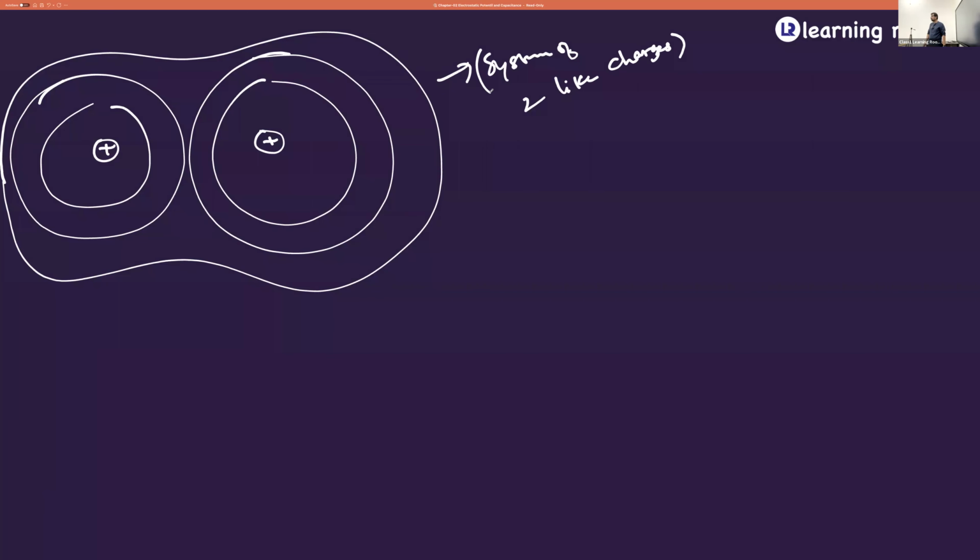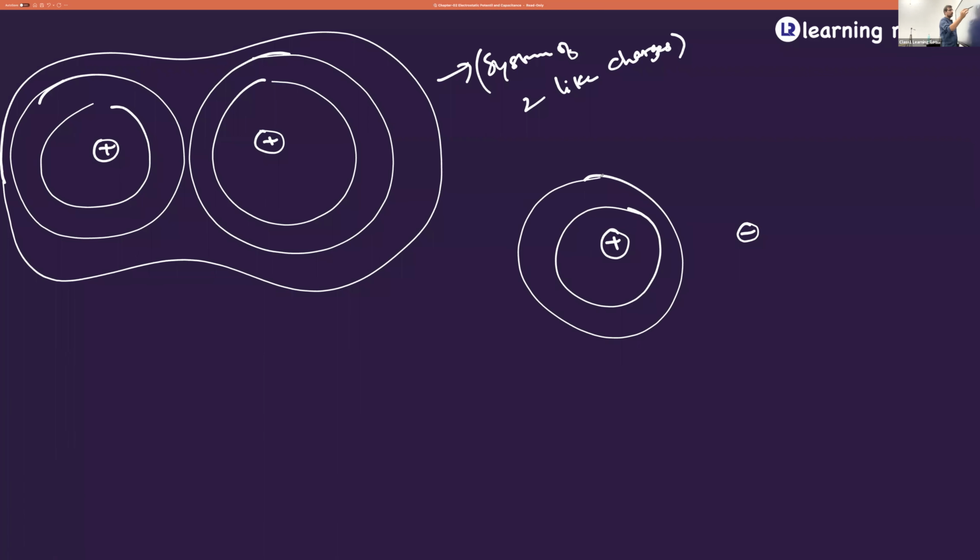This is for a system of two like charges. Similarly, when you have a system of unlike charges, what will happen is that there will be no layer of this sort.